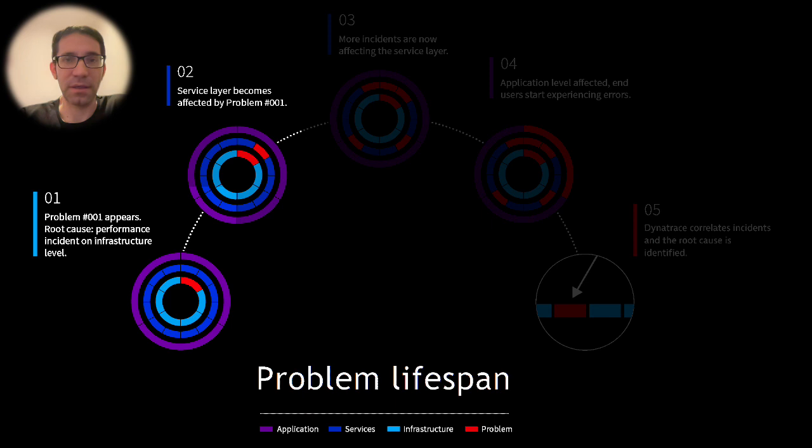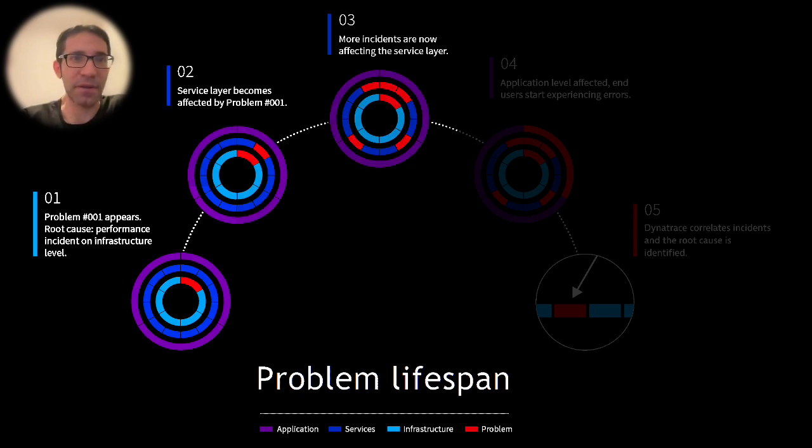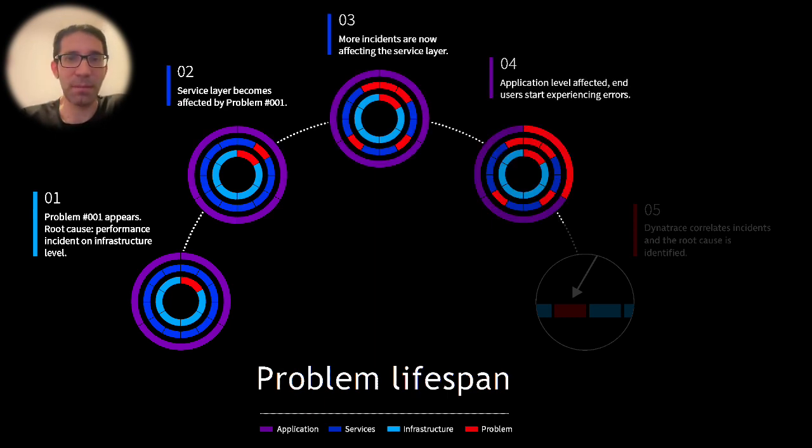This would affect a service that runs on this infrastructure element. It also starts malfunctioning. Then other services also running on this same host also start showing problems. Eventually, the application itself is affected and users start experiencing errors.